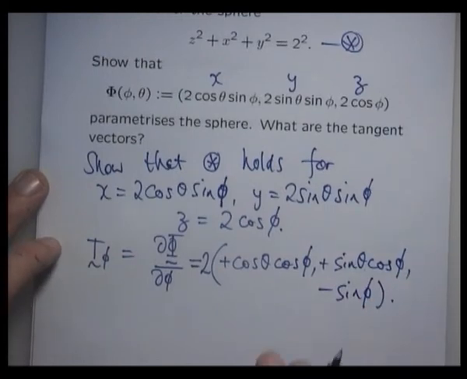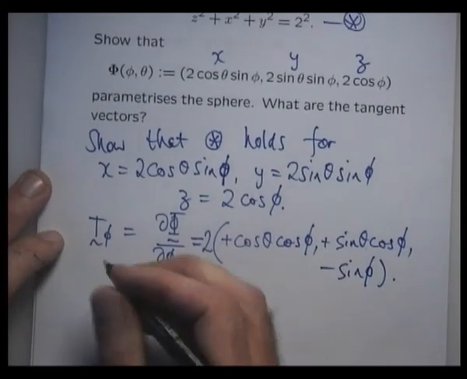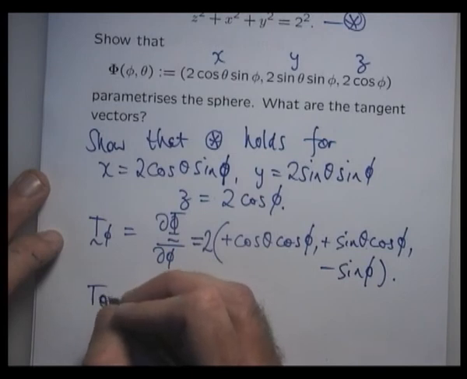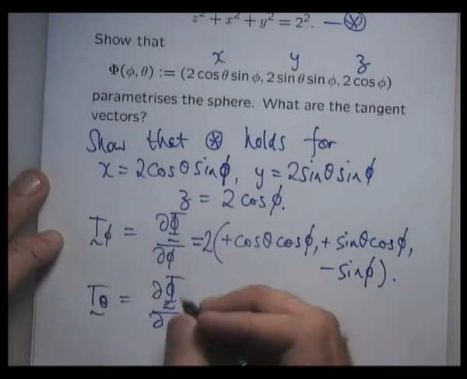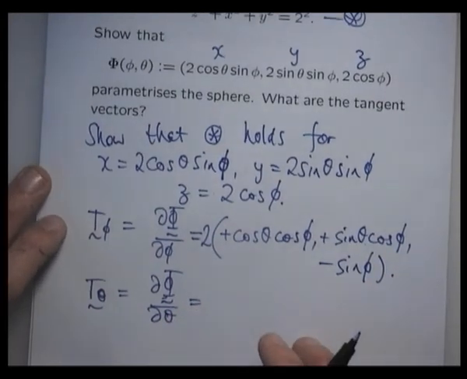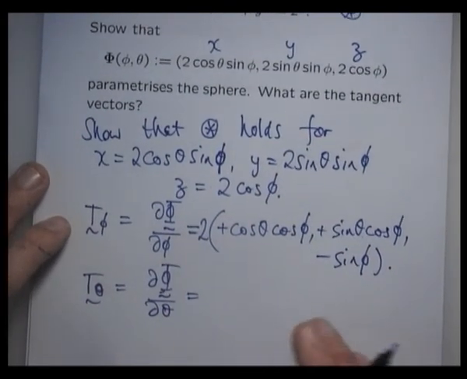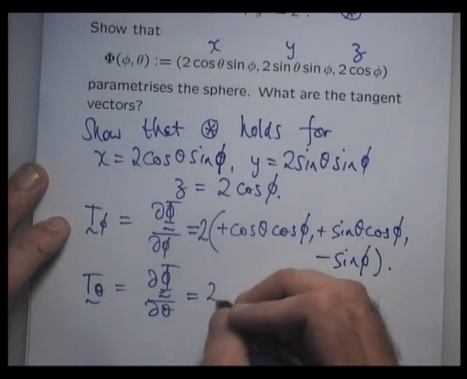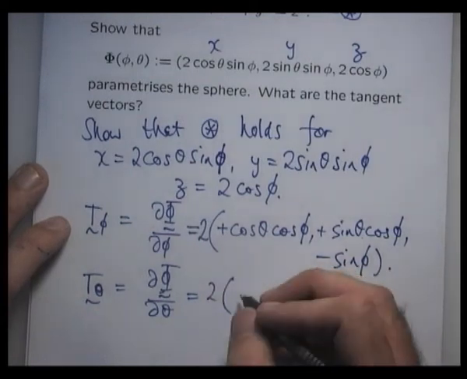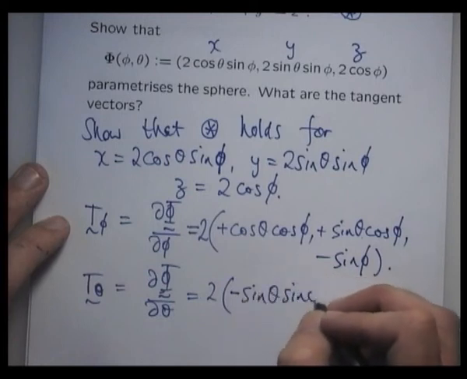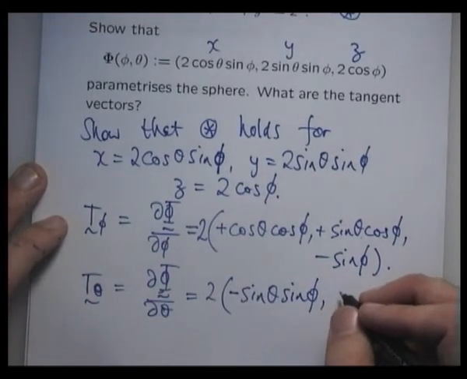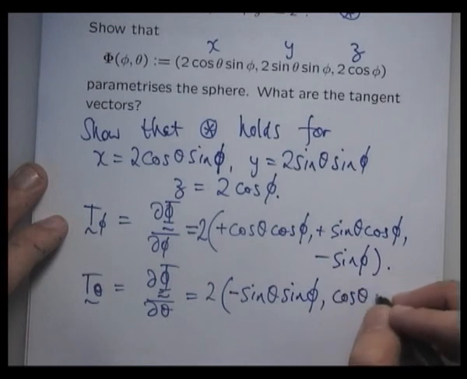All right. So move on to the next one. Differentiate component-wise with respect to theta. So again, I'm going to take the 2 out. Zero.